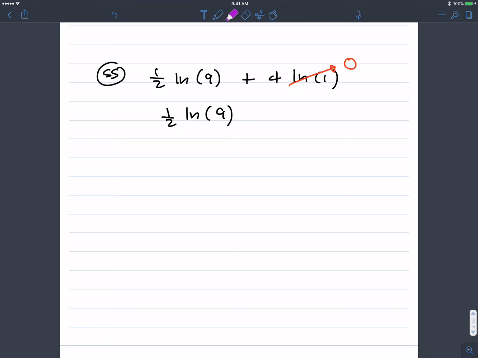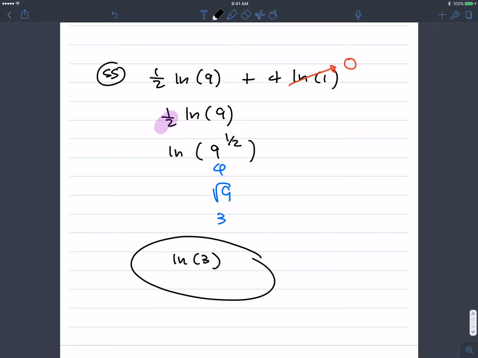So remember, power rule says that 1/2 is a power. So I have the natural log of 9 to the 1/2, where I know this is the square root of 9, which is the value 3. So I have the natural log of 3, and that's 55.